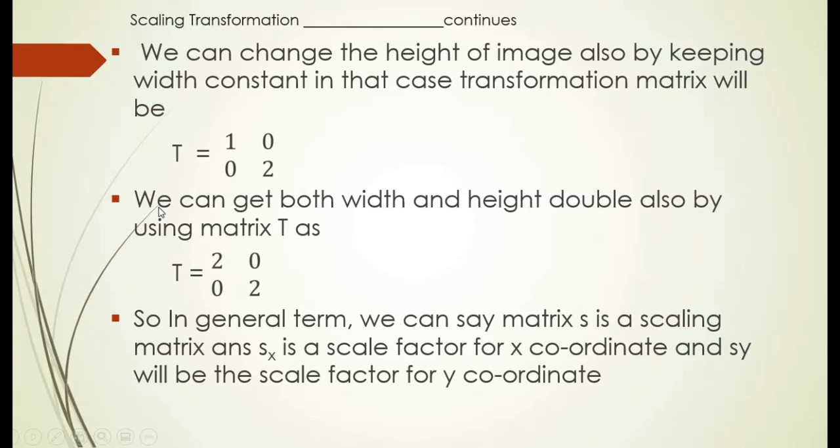Then we can get both the width and height doubled by using matrix T, where T is equal to 2, 0 and 0, 2. So by using the matrix T, we can change the size of our object, that is, the x coordinate size is changed and the y coordinate size is changed.